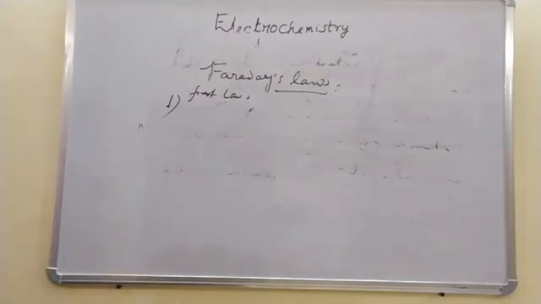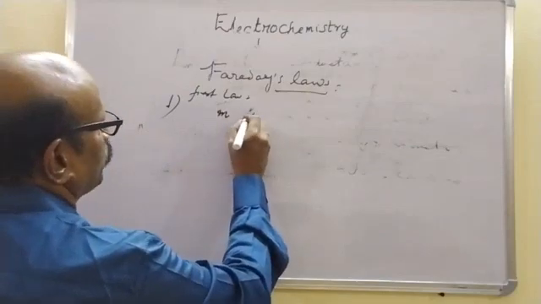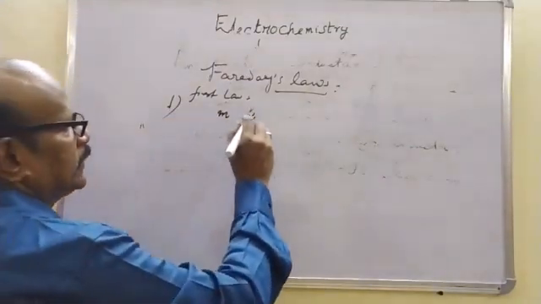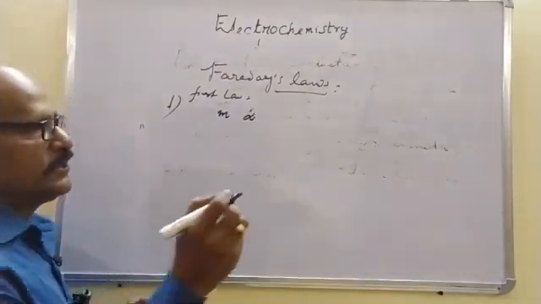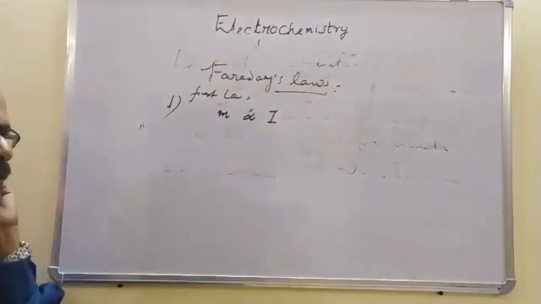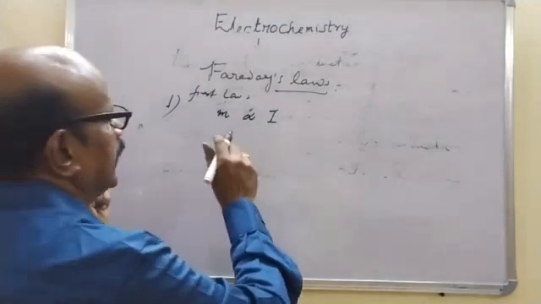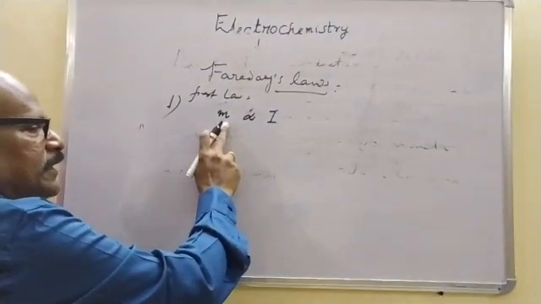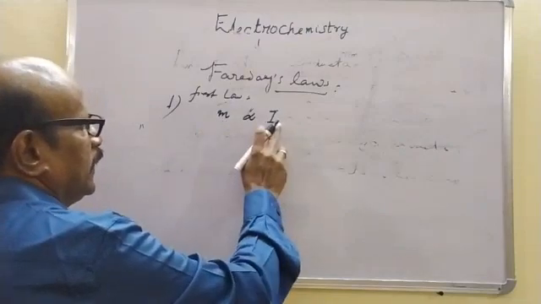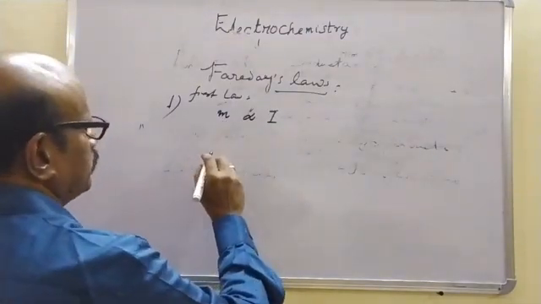That is Faraday's first law of electrolysis. The amount M of any substance produced at any electrode is directly proportional to Q, the quantity of electricity passing through it, where M is the mass of the substance deposited in grams, and Q is the quantity of electricity in coulombs.